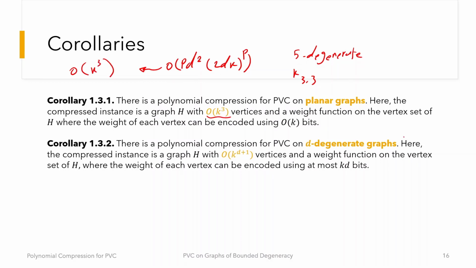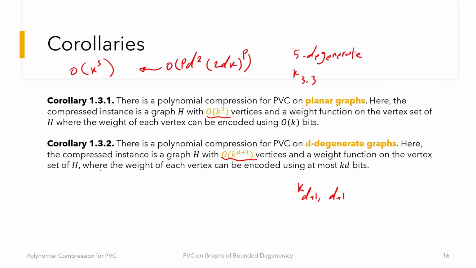We have the same thing for D-degenerate graphs. We can say D-degenerate graphs don't contain K_{D+1,D+1}. It's because if there's a subgraph K_{D+1,D+1}, then there is no vertex with degree at most D in it, so it's a contradiction with the definition. The theorem will give us this instead.